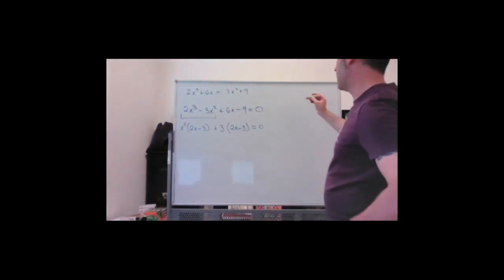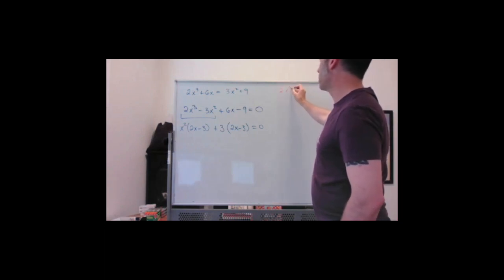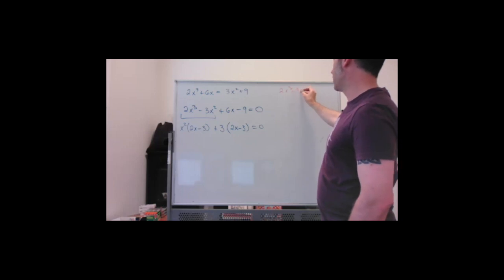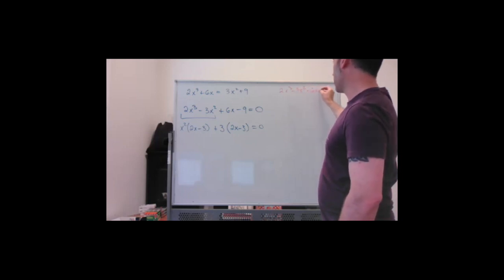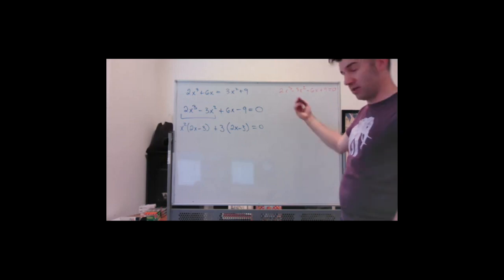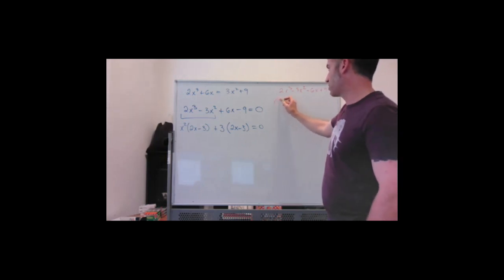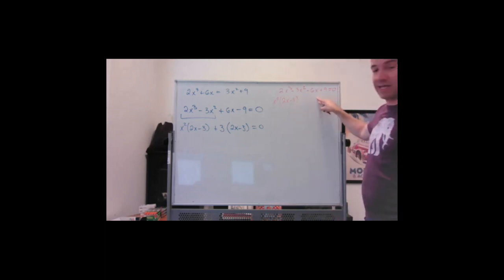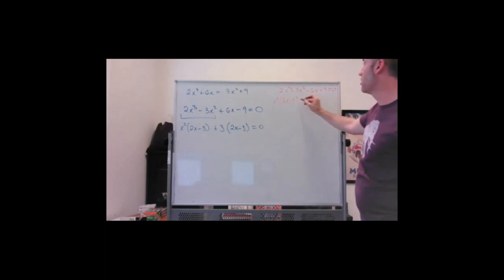Just to show something different, if this had instead been 2x cubed minus 3x squared minus 6x plus 9, and I did the same sort of thing, I factor out an x squared here, get a 2x minus 3. I really would need to factor out a negative 3 here, so that the remaining part is a positive 2x and a minus 3.